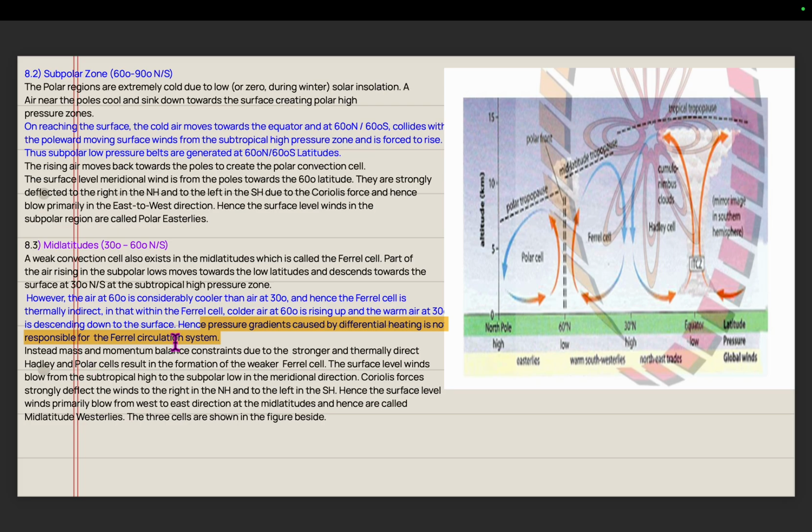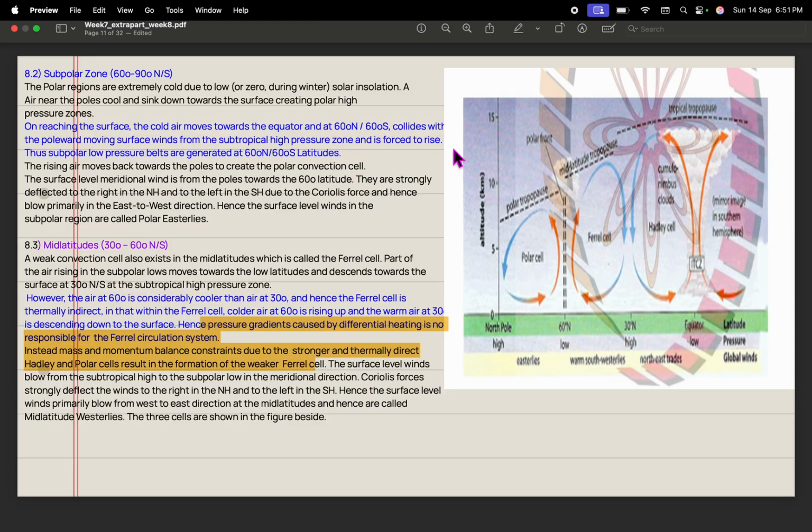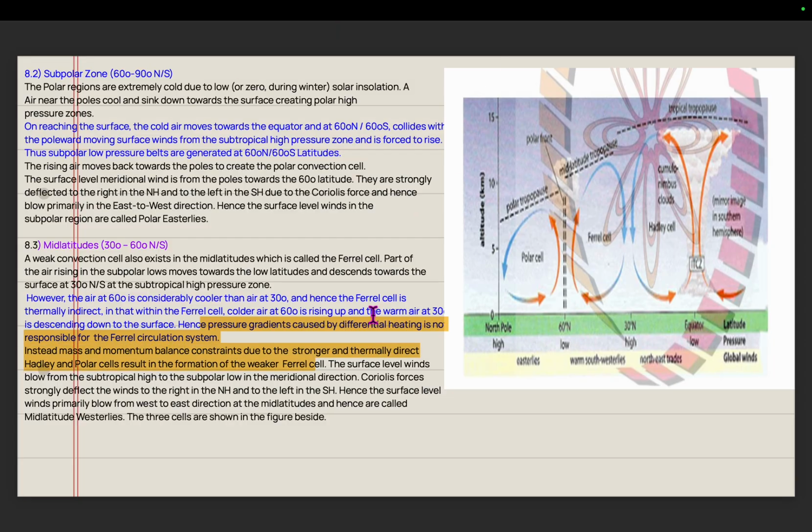Instead, mass and momentum balance constraints due to the stronger, thermally direct Hadley and polar cells result in the formation of the weaker Ferrel cell. The surface level winds blow from the subtropical high to the subpolar low in the meridional direction.